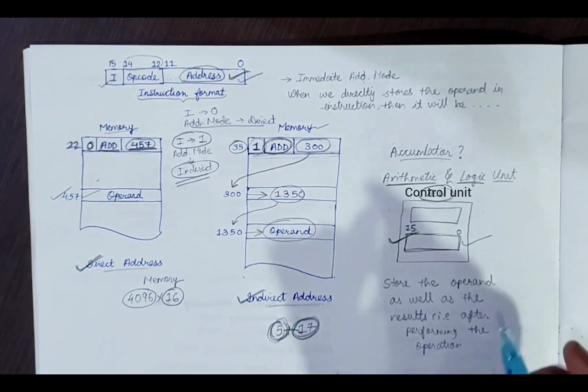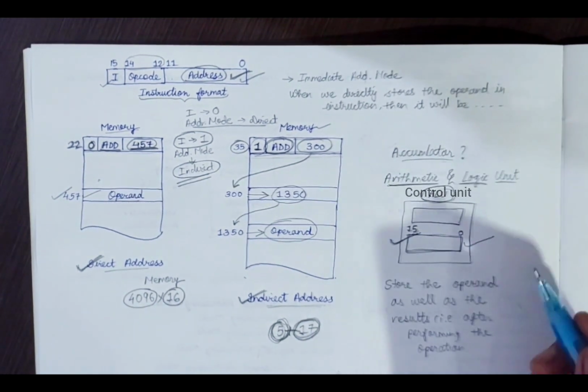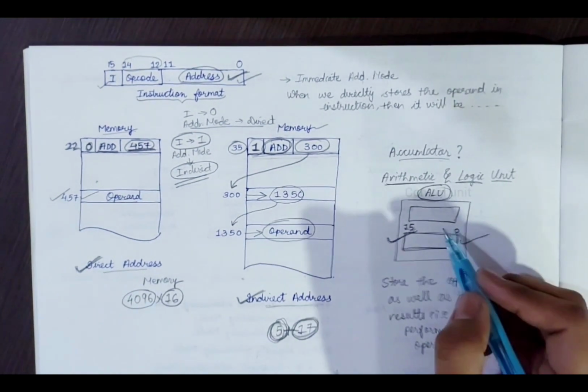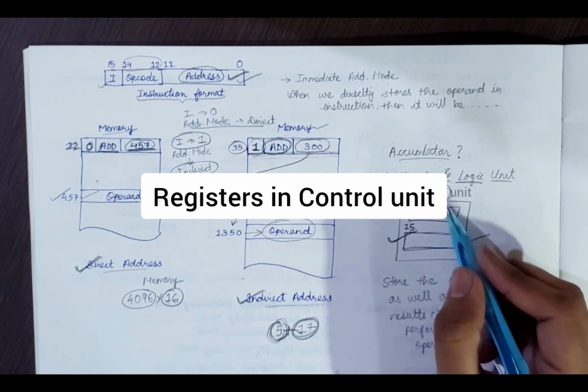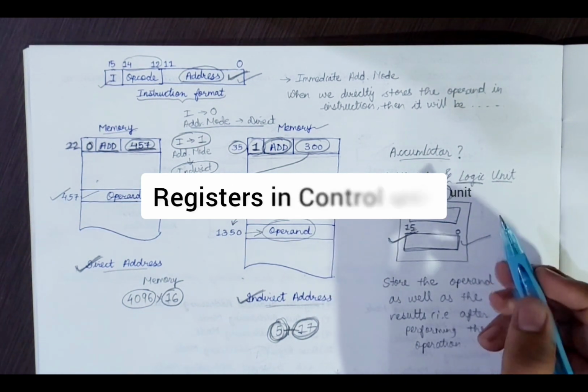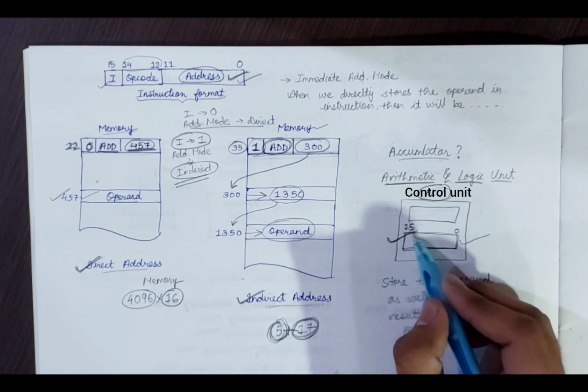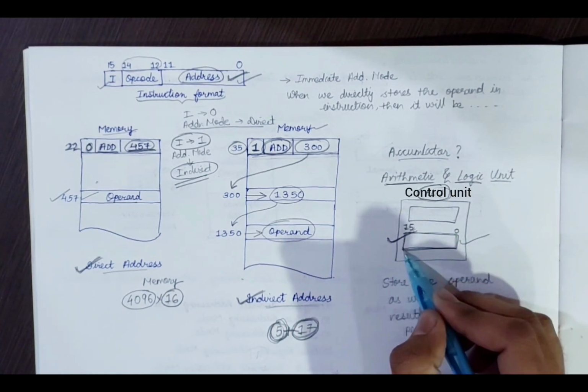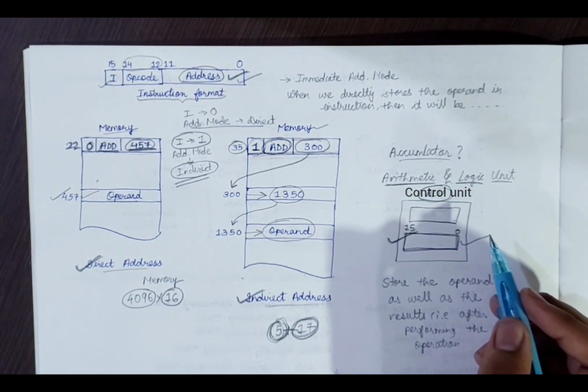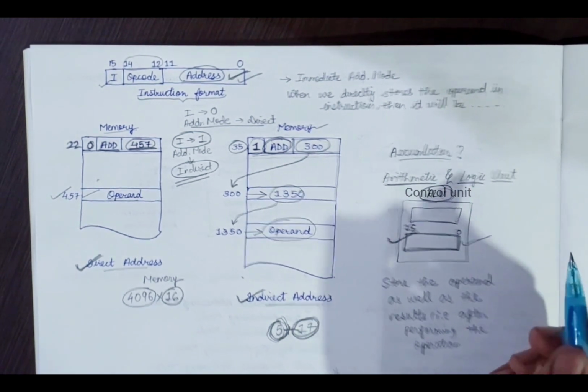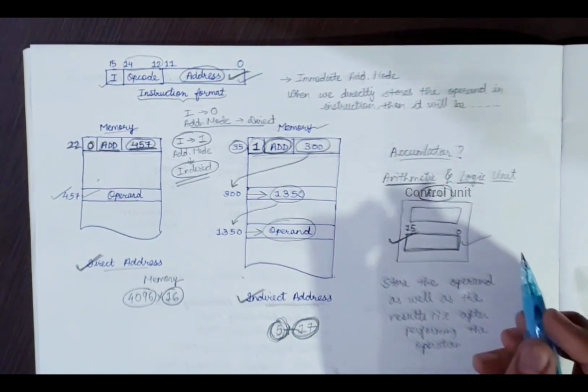So for storing the operands temporarily, we have registers in the ALU. One register that we discussed is the accumulator, but other than that there are many different registers for different purposes.